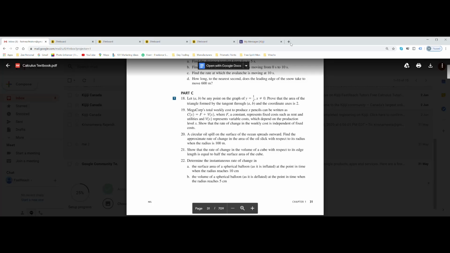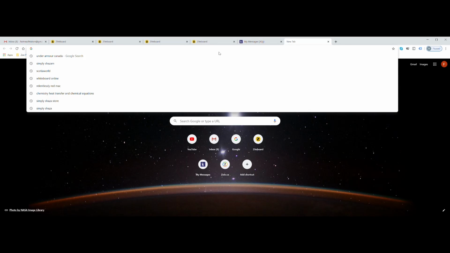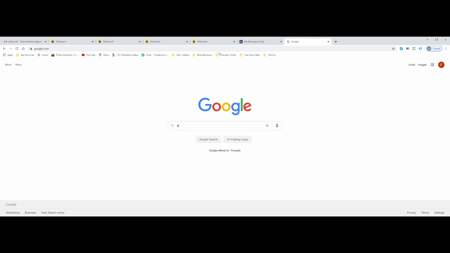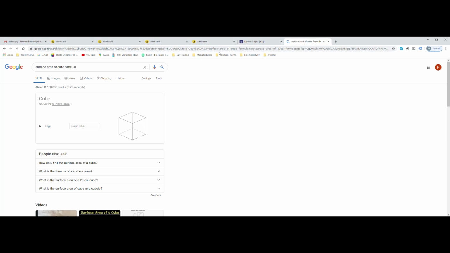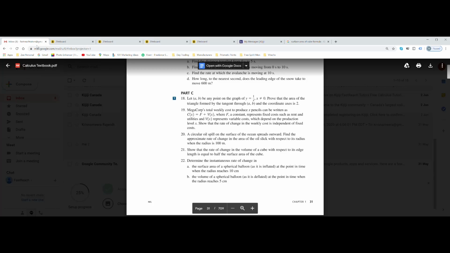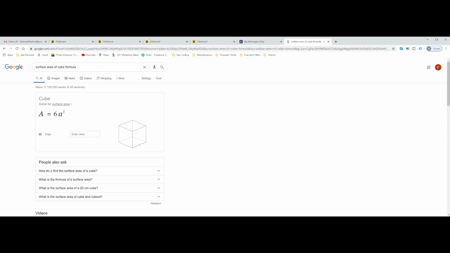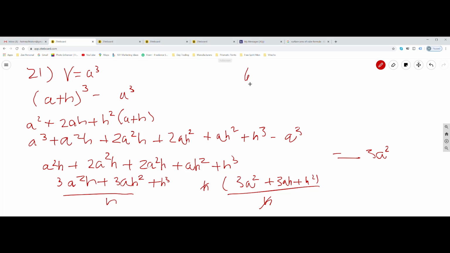If you look at the surface area of a cube, it is 6a squared, and half of it is 3a squared, which is what this is equal to. So that's true. So that's fine.